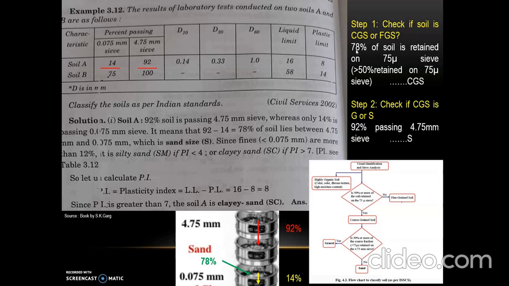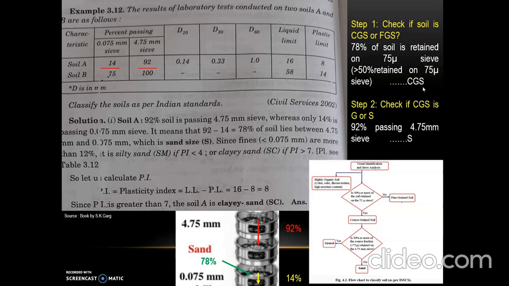We have found out that 78% of the soil is retained on 75 micron sieve. That means more than 50% of the soil is retained on 75 micron sieve, which satisfies this condition. So if this condition is satisfied, we say that the soil is coarse grained soil. So now we have confirmed that the soil is coarse grained soil.